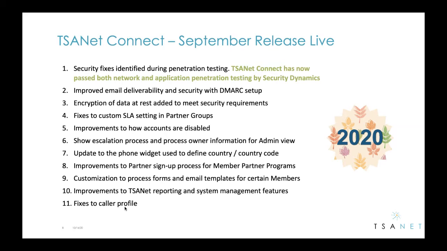They just wanted more information that they can leverage as management. So if you're familiar with the TSANet Connect process, the escalation process always was part of the transaction, but you didn't see it until you press submit. So now if you're a manager, you see all of that information there. And then other little things as far as usability with the phone widget, few things along those areas.